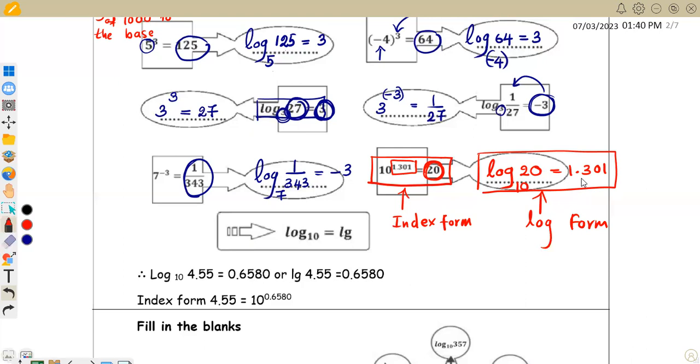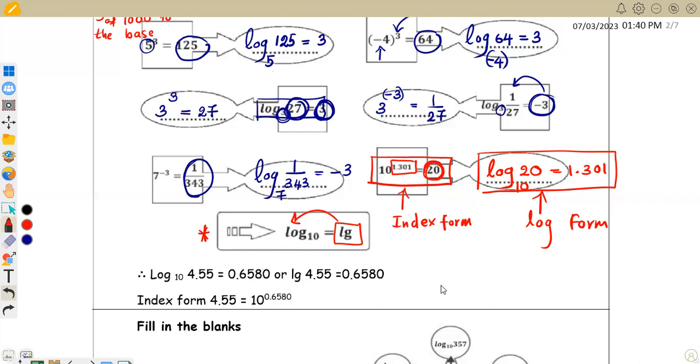That is the meaning of logarithm of 20 to the base 10. Another special thing that you should know is that logarithm to the base 10 is written as LG. That means this is the short form of this term.